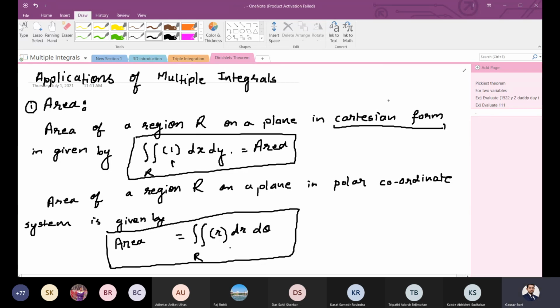One small remark: say, for example, I want to find the area of a circle, and this much area is A1. Then the total area of the circle is 4 times A1, right? The point I want to make is, while finding the area of a certain region, we can always use the symmetry.